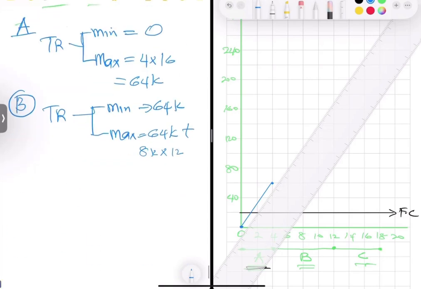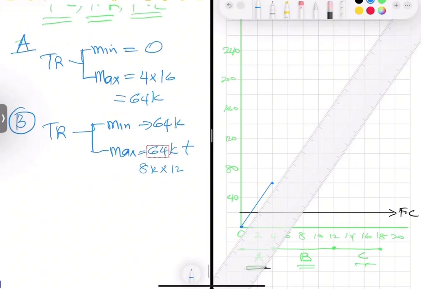So 8 times 12 is what? That's 96. Yeah, 96. The 96 plus 64, what's that? Use your calculator, help me out with that.